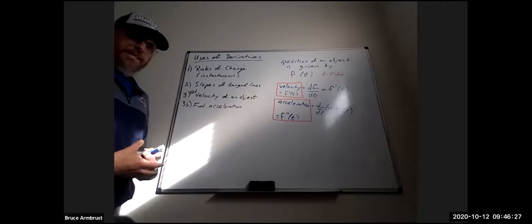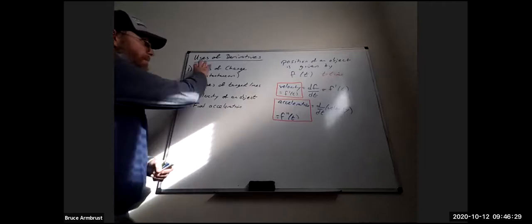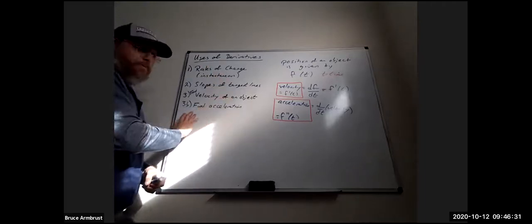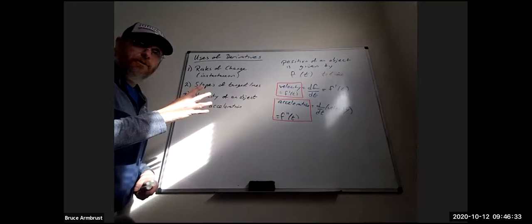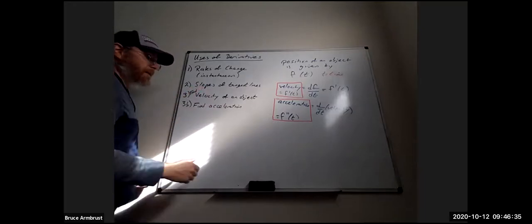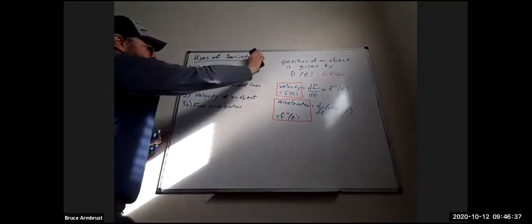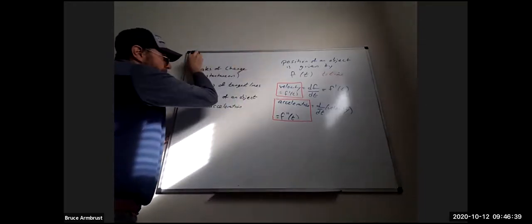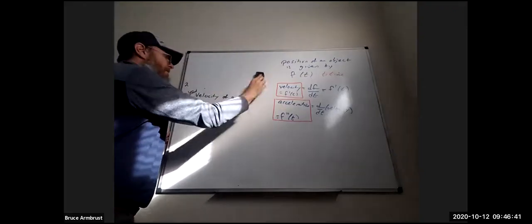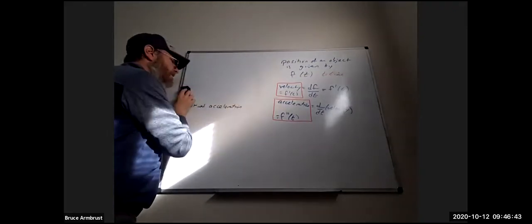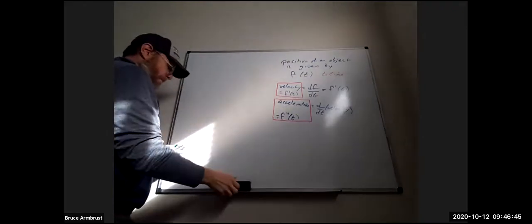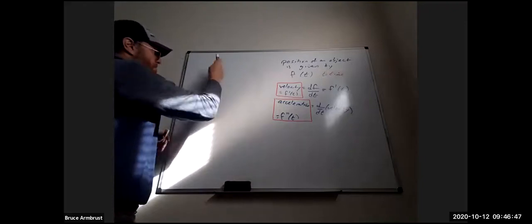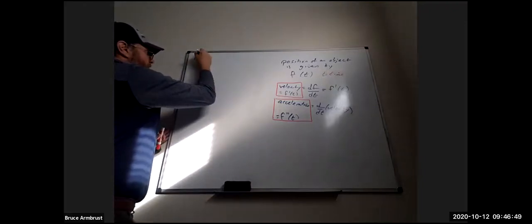Okay, so I want to show you an example. It means I'm going to have to kind of erase my list, but we'll remember where we are. We're going to be starting on number 4 with something new. But let me give you a position of an object, and we'll talk about velocity and acceleration and all that good stuff. All right, so let me just start by giving you this.